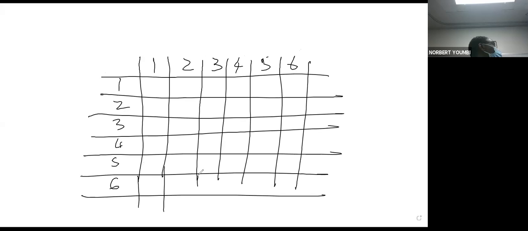If I say the sum, I can put plus here. It could be the product. Then I will write all the sums.